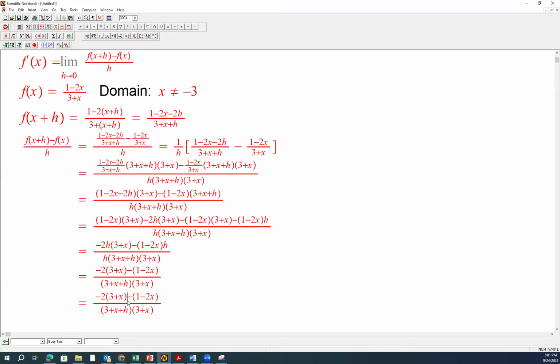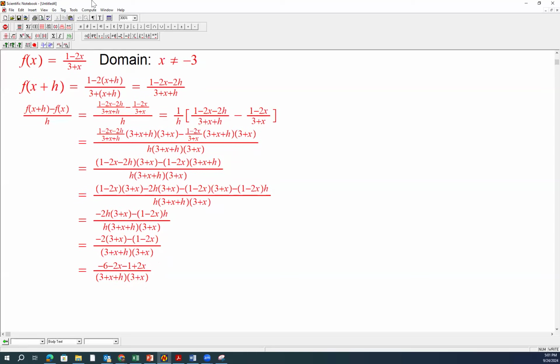Negative 2 times 3, that's negative 6. Negative 2 times 3, negative 6. Minus 2x. Minus 1 plus 2x. Then 2x, negative 2x.